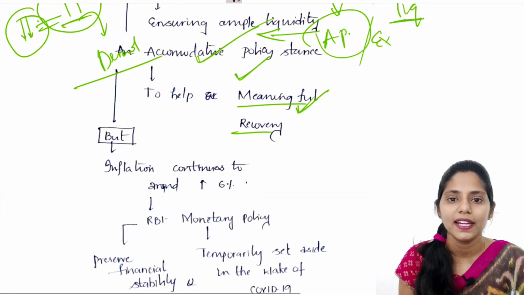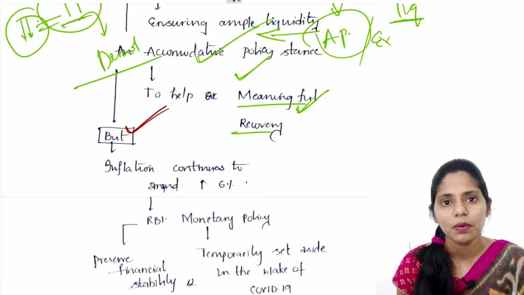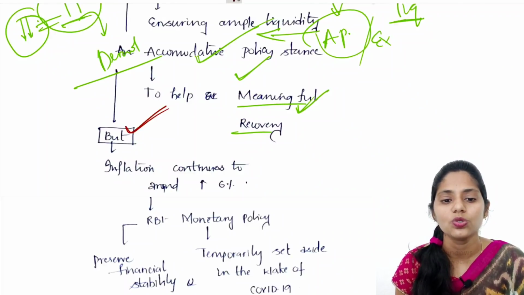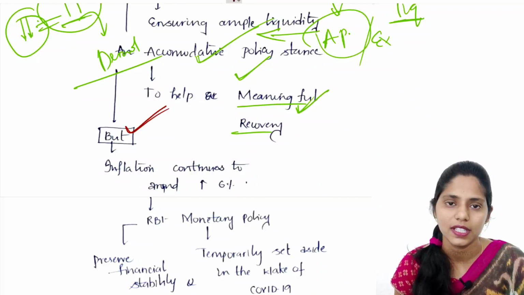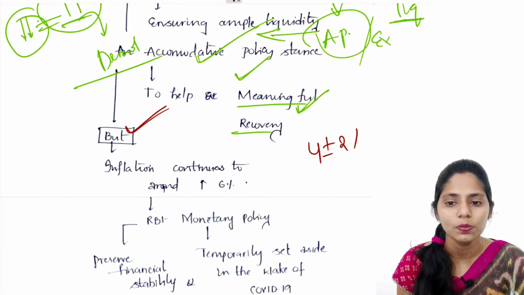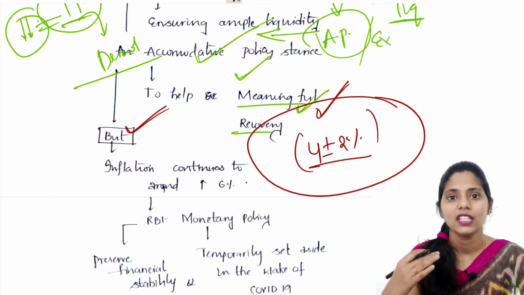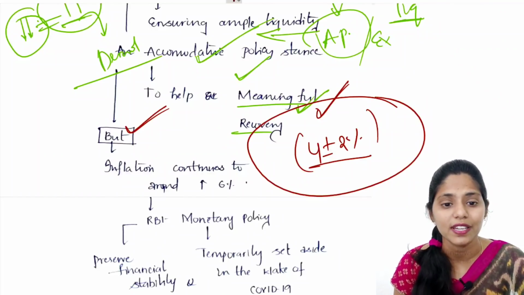This article says that yes, RBI came up with this accommodative policy. But inflation continues to be around or more than 6%. The target for maintaining inflation is 4 plus or minus 2%. But here it is more than 6%. That means it is higher than the target that needs to be maintained, right?